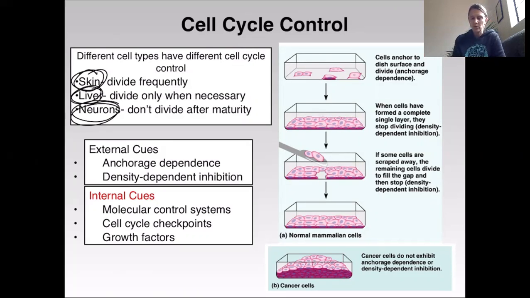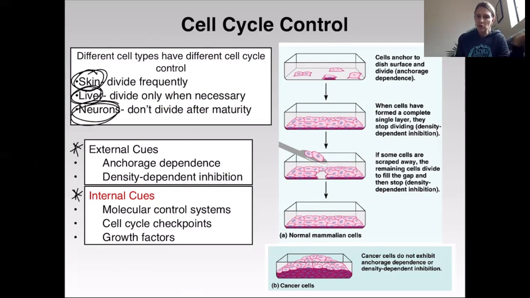So the cell cycle is controlled by several different things. We have external cues and we have internal cues, right? For the external cues, they are anchorage dependence, meaning they need something to sit on or grow on. When they're anchored down to something, that helps. Also density dependent.